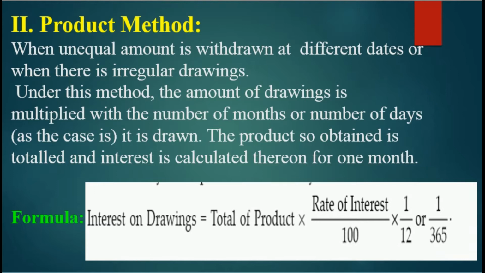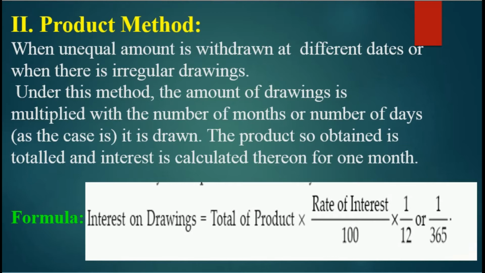So, what is the product method, and when do we implement this method for calculating interest on partners' drawing? In our earlier classes, we discussed two ways of withdrawal activities performed by the partners. First, regular withdrawal activity, and second, irregular withdrawal activity.